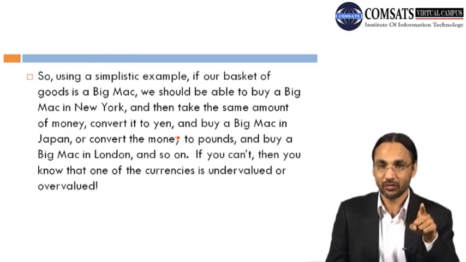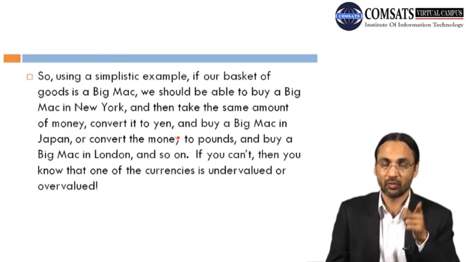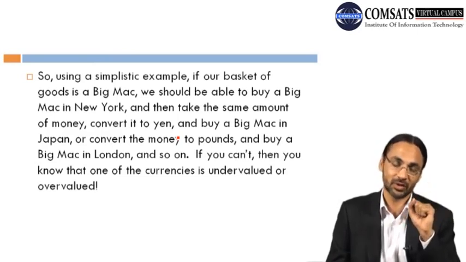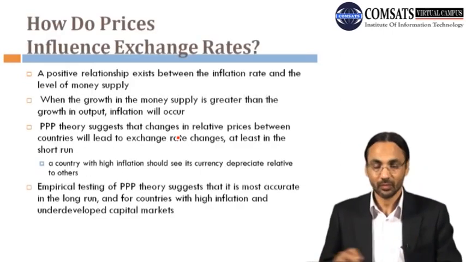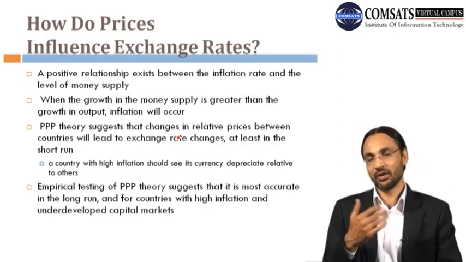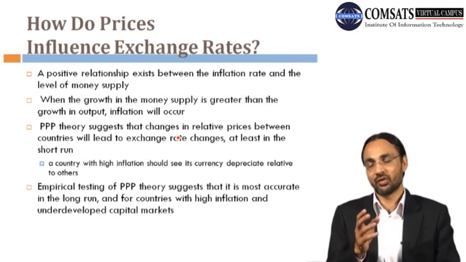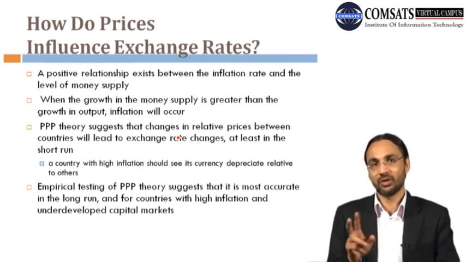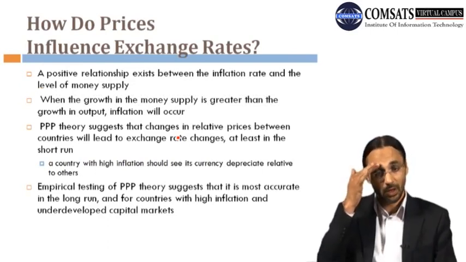If you cannot buy it with that amount of pounds in London, then you know that one of the currencies is undervalued or overvalued. This is the basic thing. If it's undervalued or overvalued, of course the currency exchange rate will change.